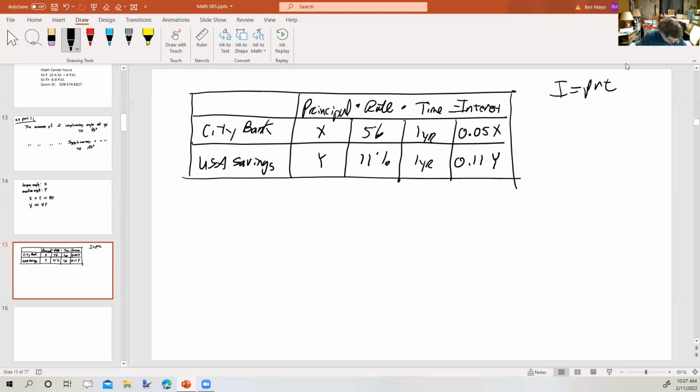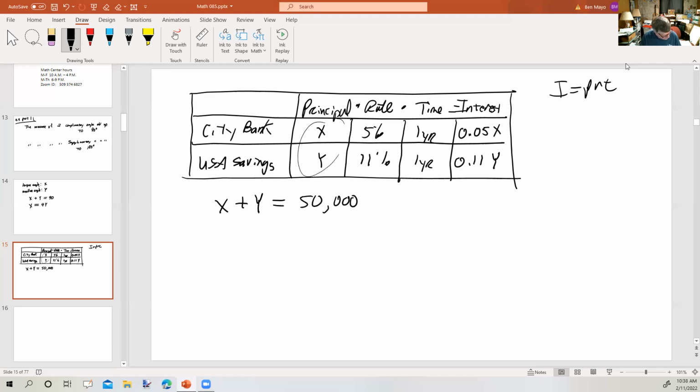Now, it goes on to say a total of $50,000 was deposited into the accounts. Use that information to write an equation about the principal. So X plus Y equals 50,000. Then it says a total of $4,300 was earned by the two accounts.